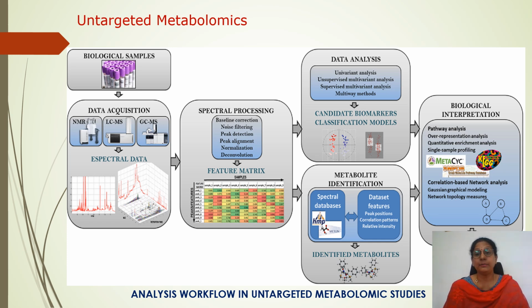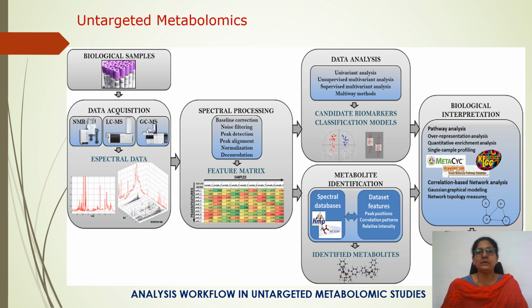And then spectral processing. This is very important. Anyone can run the data, even a technical person who doesn't have subject knowledge, with only basic technical skill, can run the spectra and generate the spectra. But interpretation is very important, and correlation, analysis of the data is very important.